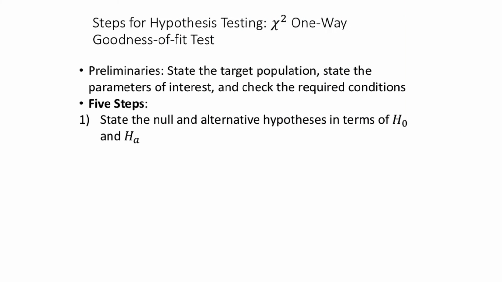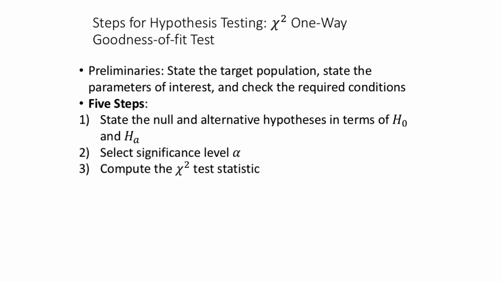The first step is to state the null and alternative hypotheses in terms of H subscript 0 and H subscript A, just like before, but we will go through the details in just a moment. Then you want to select a significance level alpha. Then you compute the chi-square test statistic. We will go through a few examples by hand, but in general, people use statistical software.